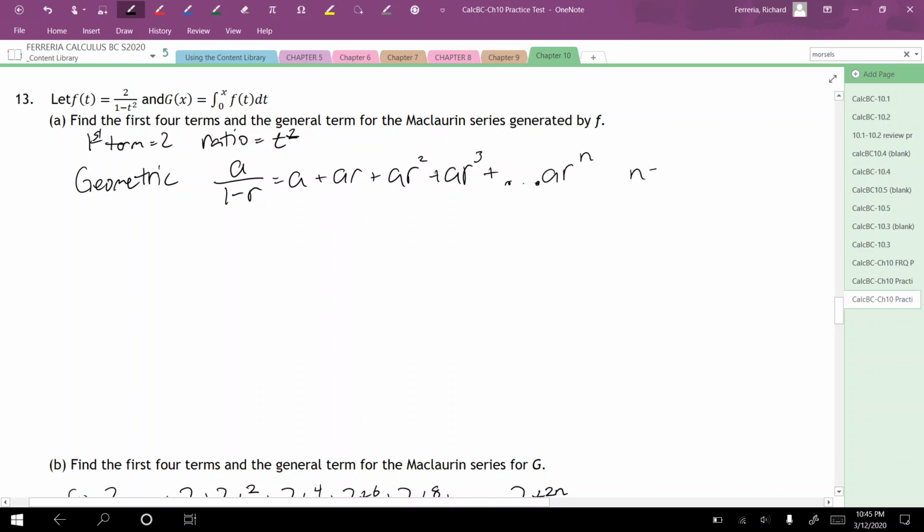And of course, n is equal to 0, 1, 2, 3. Basically, just stating that n is starting at 0 and not starting at 1.